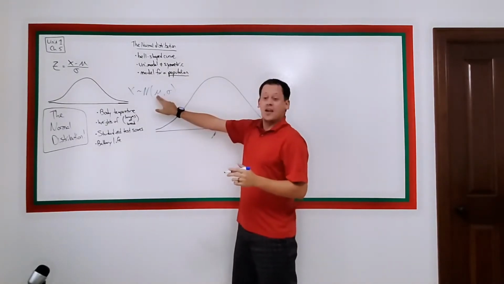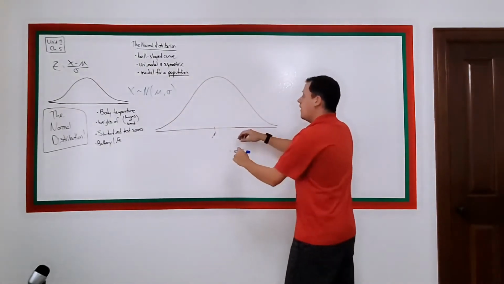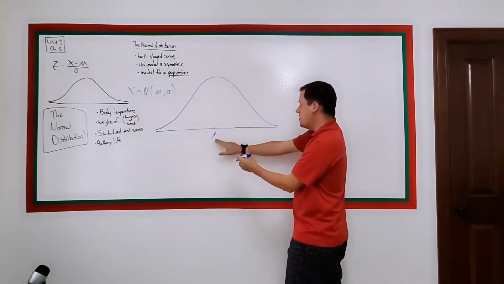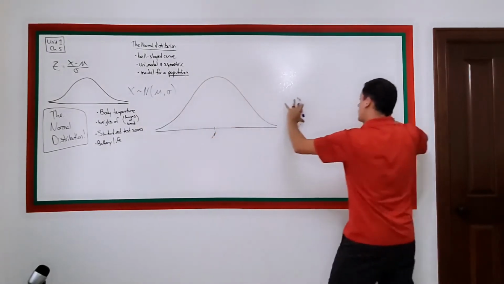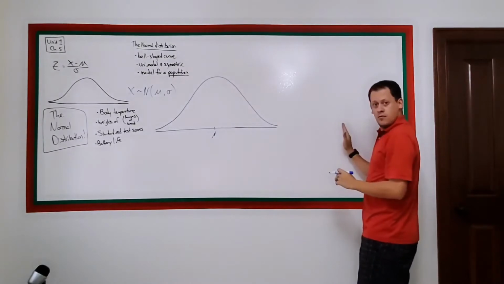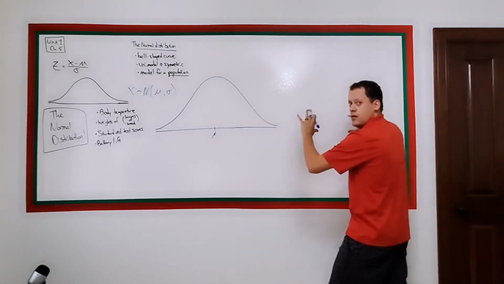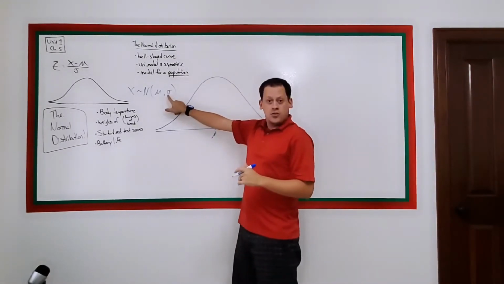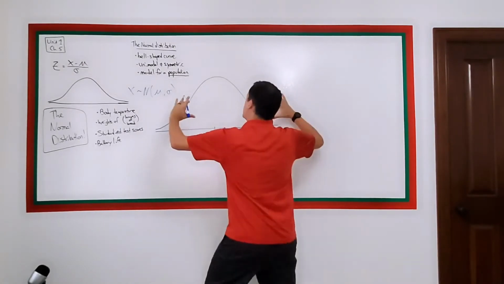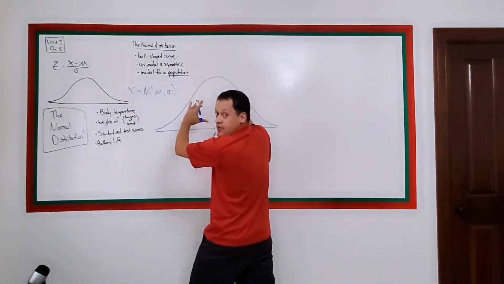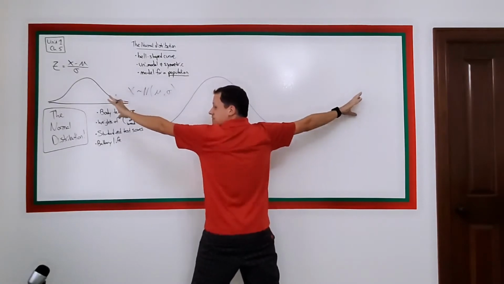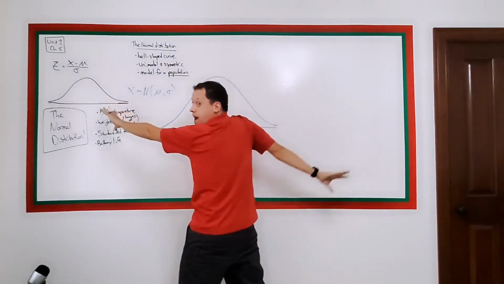For different values of the mean, this variable might have a mean here, another variable might have a mean here. So everything's just shifted over. If we change the standard deviation, we can squish this to be closer together or flatten it out so that it becomes really wide.